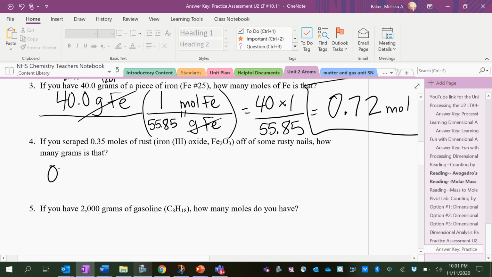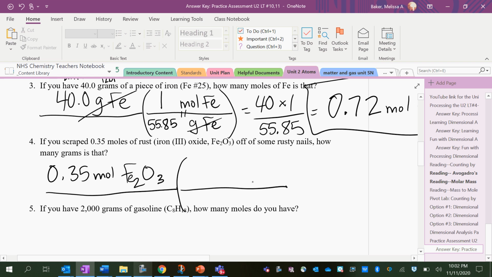What if you scraped 0.35 moles of rust, which is iron 3 oxide, off of some rusty nails? Oops, Fe2O3. We've got to figure out how much 1 mole of Fe2O3 weighs. So we've got to go to the periodic table and add this up.